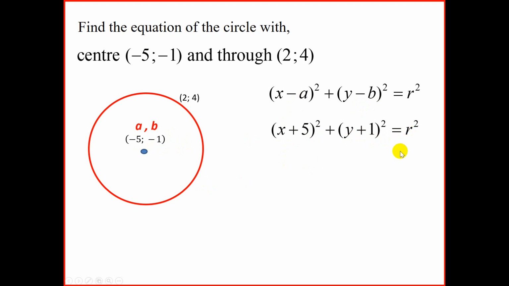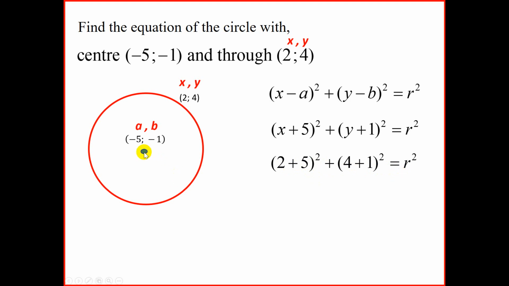There are two ways, as I mentioned earlier. The easy way is to take our given point (x, y) and substitute x and y. If we take x to be 2 and y to be 4, we end up with (2 plus 5) squared plus (4 plus 1) squared equal to r squared.